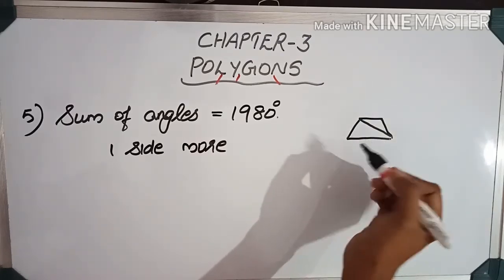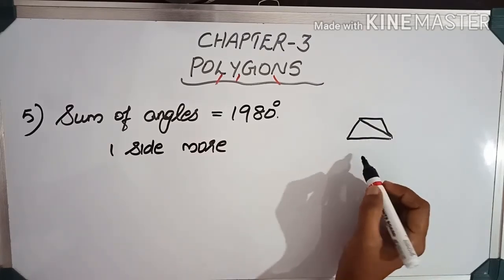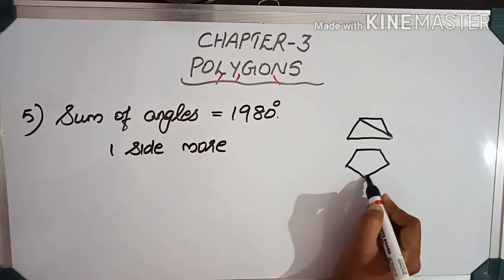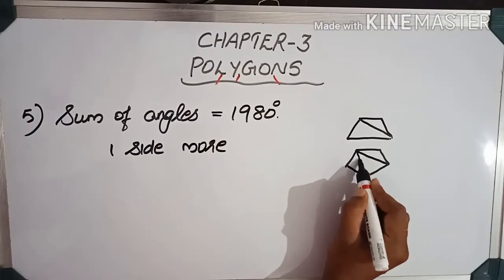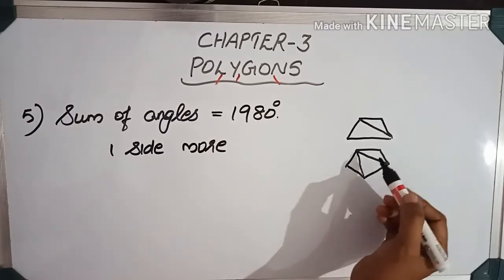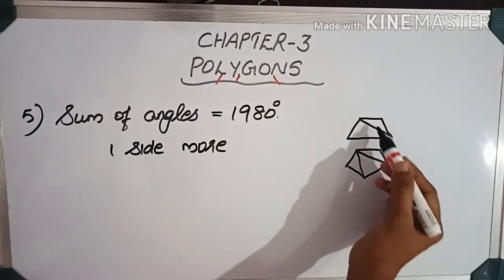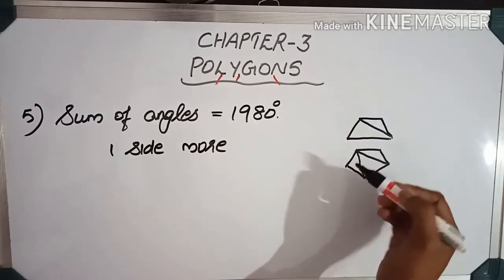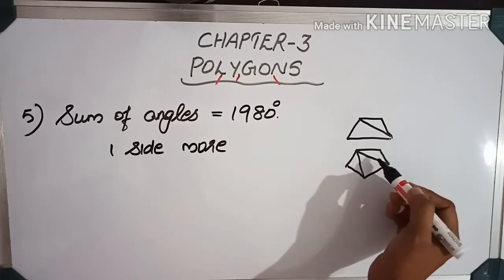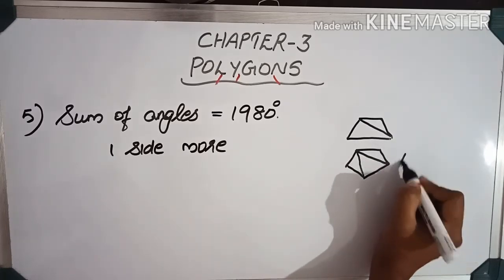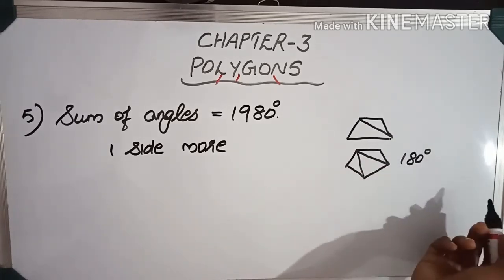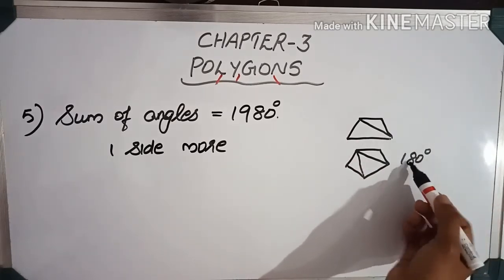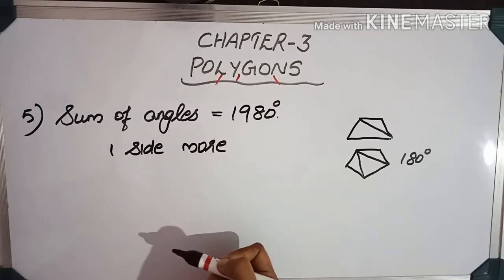If the number of sides is increasing, if it is a 5-sided figure, the number of triangles is what? An extra 1 triangle we got. 4 sides, 2 triangles; 5 sides, 3 triangles. That means 1 triangle is increasing, and 1 triangle increasing means 180 degrees is added. As the number of sides increases, 180 degrees is added to the sum of angles.